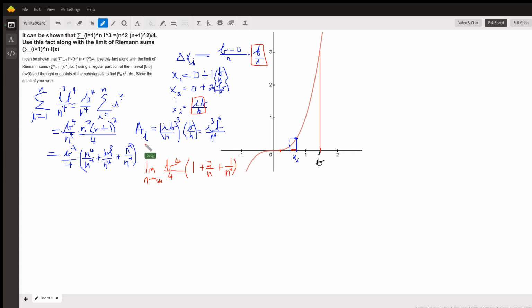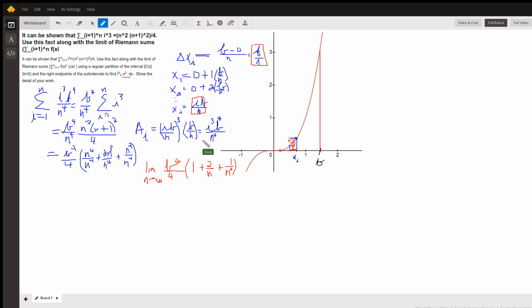So to find the area of a typical rectangle, that's this one right here, we're going to put the right-hand endpoint into the function, which is x cubed, there it is right there, times the width of the rectangle.